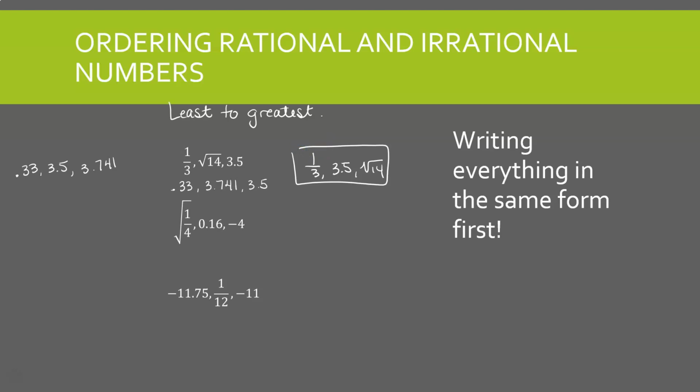Okay, so the next one, the square root of 1/4, -1/6 repeating, and -4. We're going to order those from least to greatest. So take a moment and try to put those into decimal format. Okay, so the square root of 1/4 is 1/2 or 0.5, -0.16 repeating, and then -4.